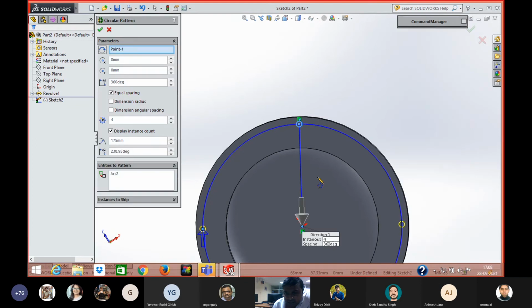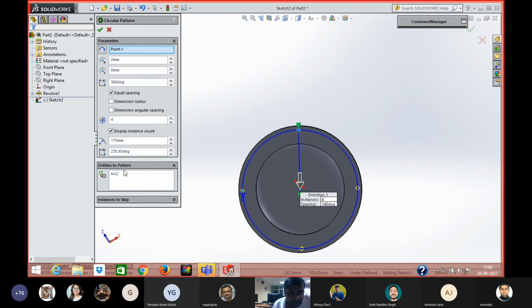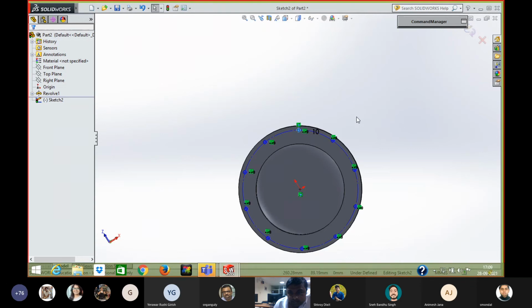You take the circular sketch pattern and increase the count. Here 4 is written, that's why it's showing 4 holes. You can increase that according to your required design. We have taken 6, 7, 8, 9, suppose 10. Okay.